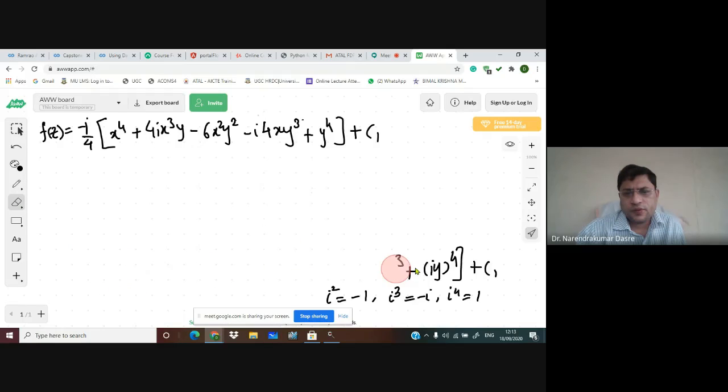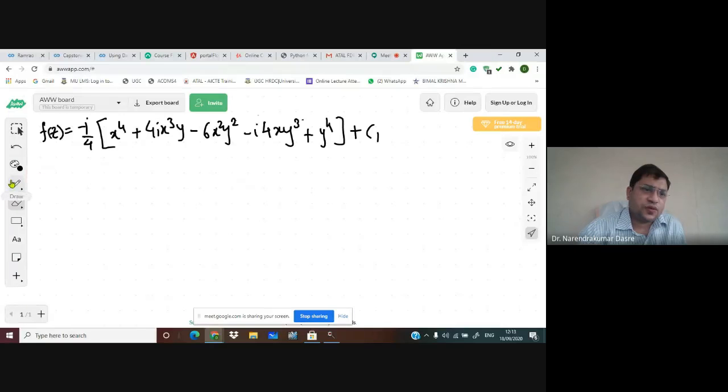Now, simplify this. Okay, so we have here, this is equal to. Now, if I multiply by i by 4, so we can have, equal to, this is minus i x raised to 4 by 4.